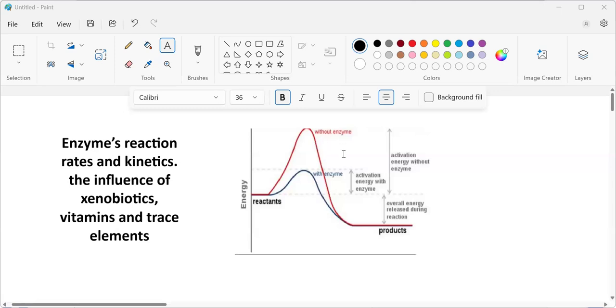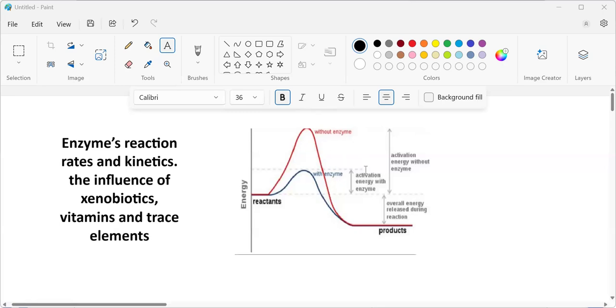The steeper the slope, the greater the rate. If the enzyme activity is measured over a period of time, the rate of reaction usually falls, most commonly as a result of the fall in the substrate concentration.